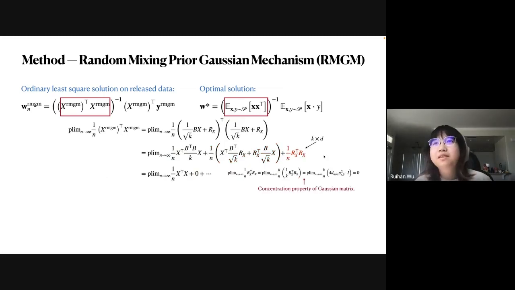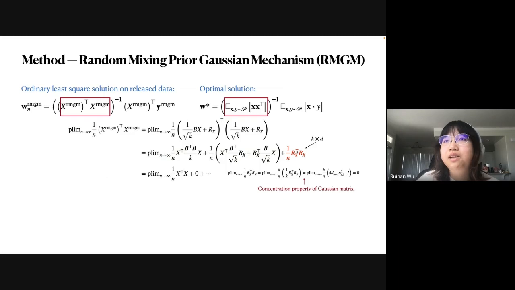And now this third term is very similar to the previous bias term. This is interesting because after our mixing, we only have K data points. So Rx is K by d.